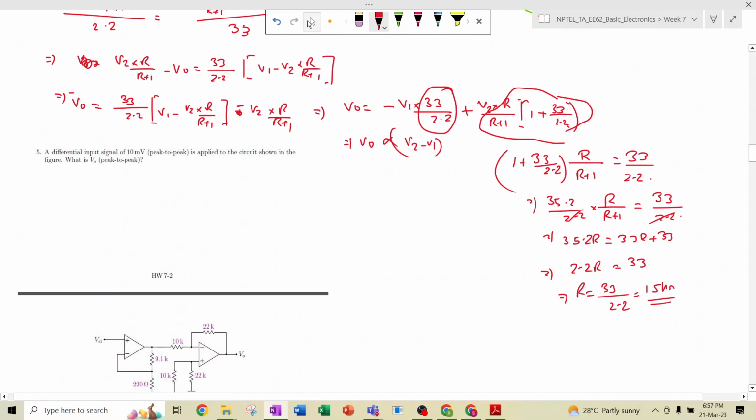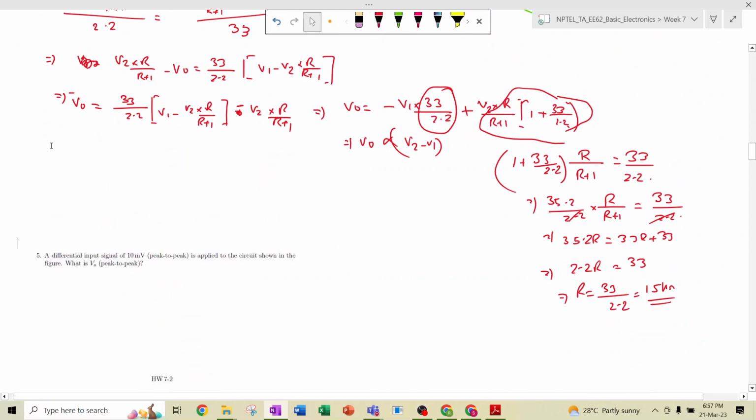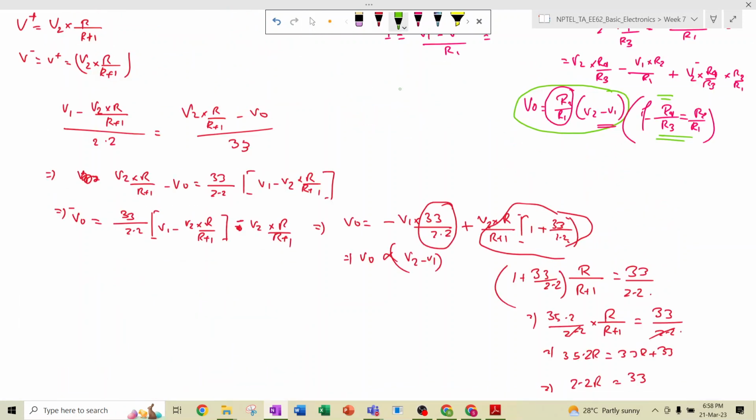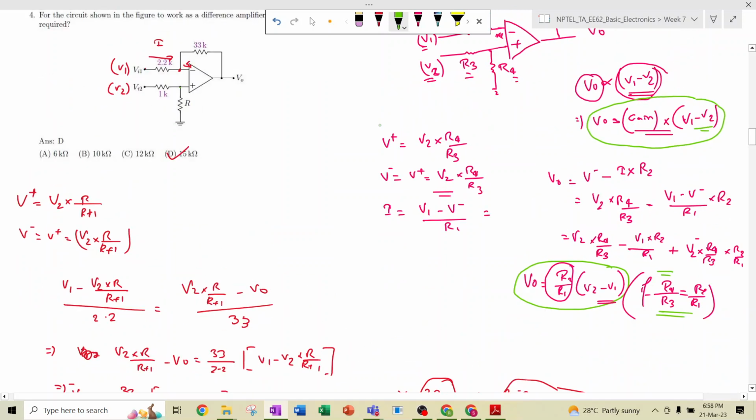Okay. So this is the thing, and there is an alternate approach also. You should remember that if this is R2, this is R1, this is R4, and this is R3, then R4 by R3 should be equal to R2 divided by R1.